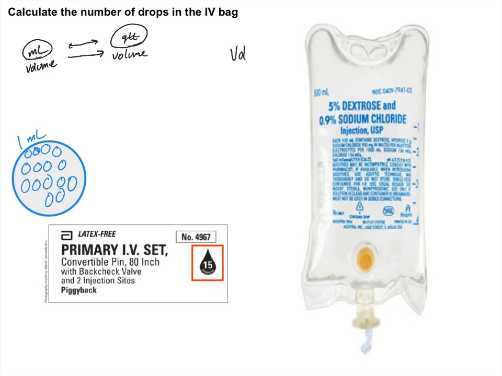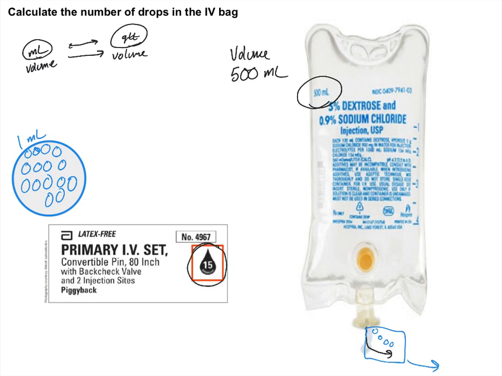Right now, in this situation, we are working with an IV bag that has a volume of 500 mLs. If we look at this bag, we see it has a volume of 500 mLs. And what we know is that this volume is going to be broken into individual drops in the chamber and then infused into the patient. The size of those drops is determined by the drop factor.